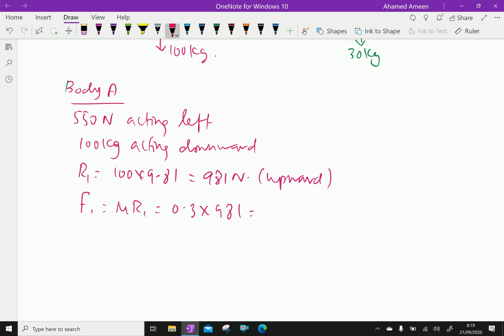Let us calculate this: 0.3 into 981 equals 294.3 Newton. Then tension in the thread T is acting to the right side.